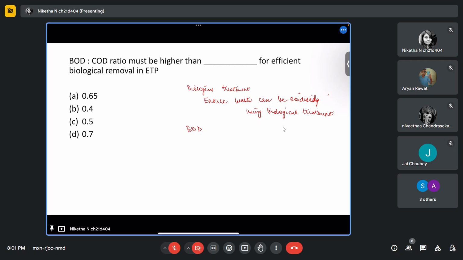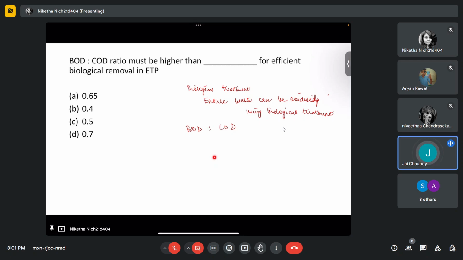We have to ensure that there is a good balance between BOD to COD so that the microbes can efficiently degrade the organics. So the correct answer should be C.